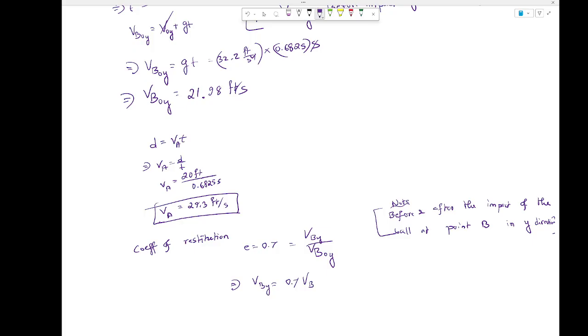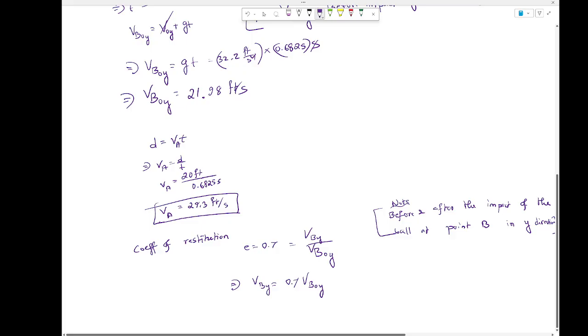Now remember, your goal is not to find the velocity at point B before the impact. Your goal is to find the velocity after the impact, right? So these equations are going to give you the velocity after the impact in Y direction, not in X direction yet. We're going to find the X direction velocity. Everyone understand?